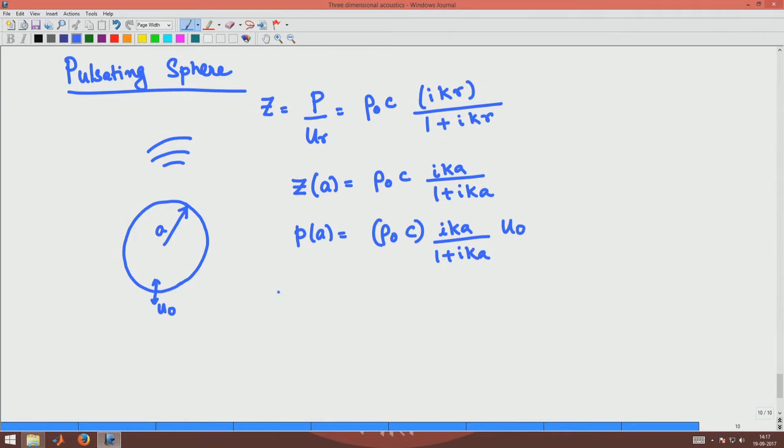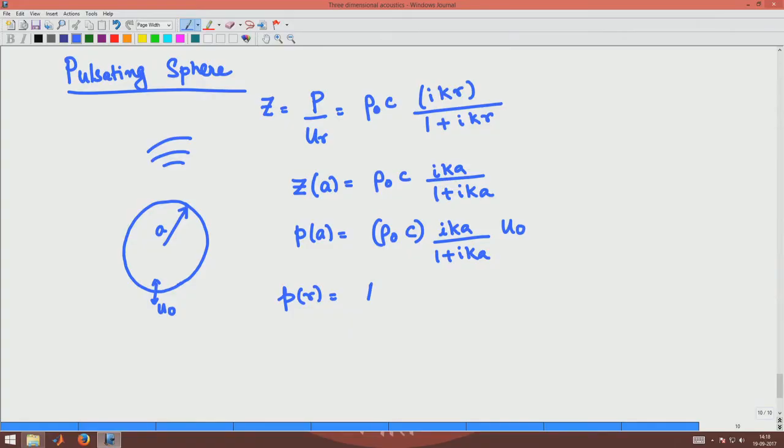Next, we can also look at the form of the acoustic pressure purely from physical principles. We were convinced, when we introduced this problem, that this situation is going to lead to outgoing spherical waves.